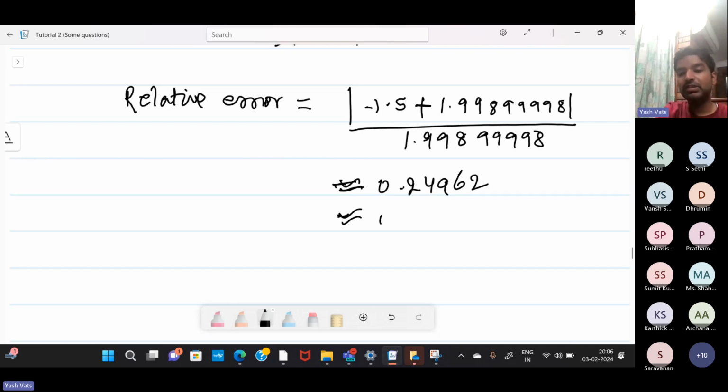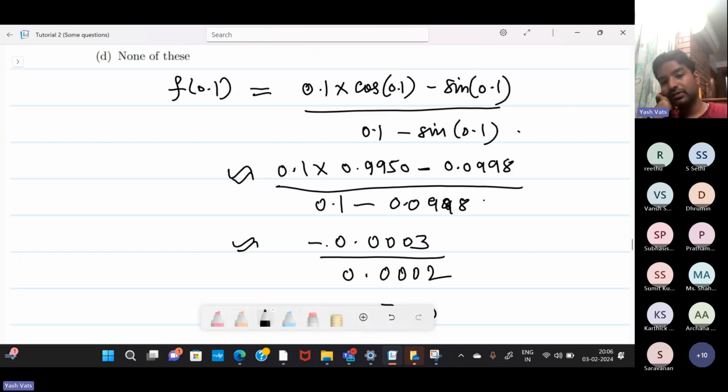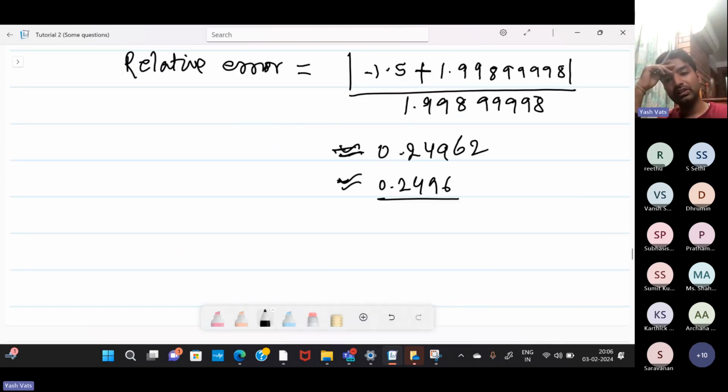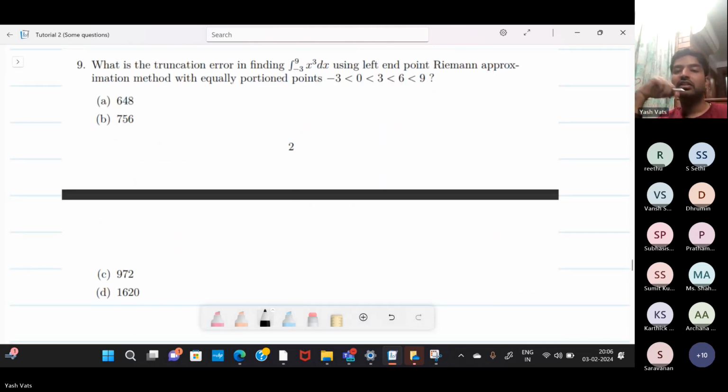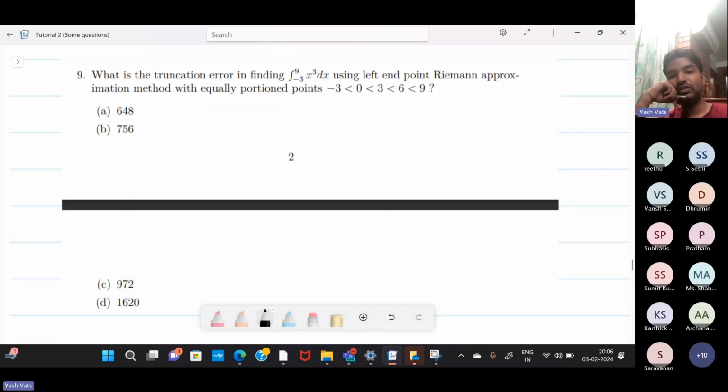Again, it's an approximated value, 0.2496. So this way of finding it is easier, right? You can just do every question like that.